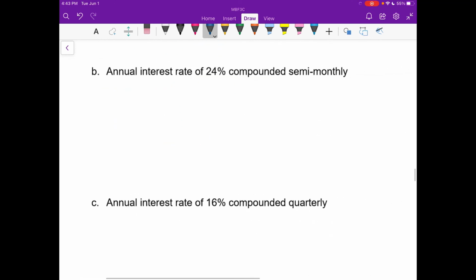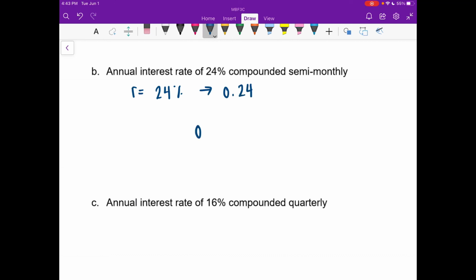An annual interest rate of 24% compounded semi-monthly. So when I go back to my chart and I look up semi-monthly, it says that means twice a month. That means that I'm going to take the interest rate and divide it by 24. So let's find what the interest rate is. 24%. We're going to change that to 0.24, right?